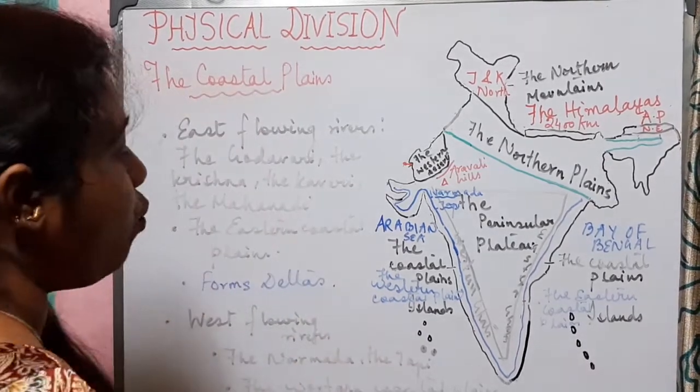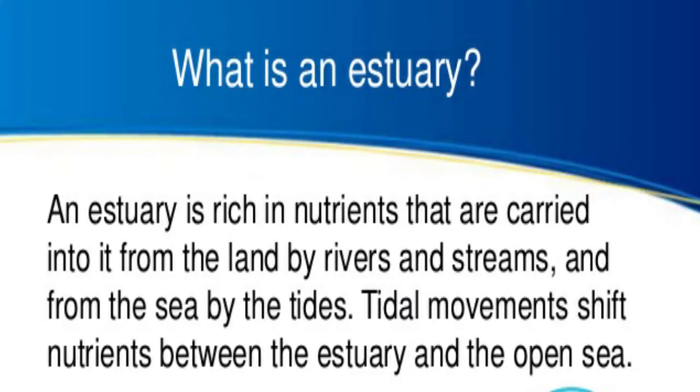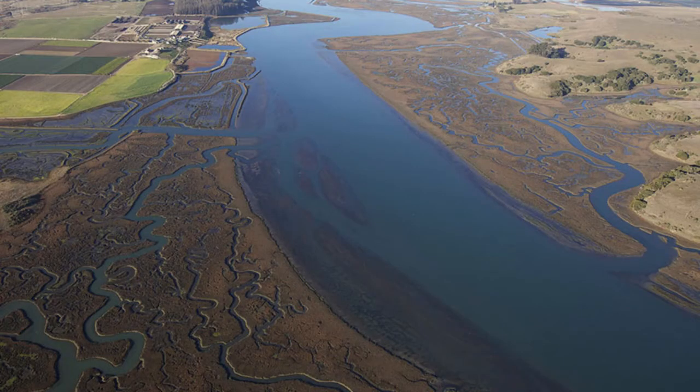Now let us know what we mean by estuaries. An estuary is a partly enclosed coastal body of brackish water with one or more rivers or streams flowing into it and with a free connection to the open sea.